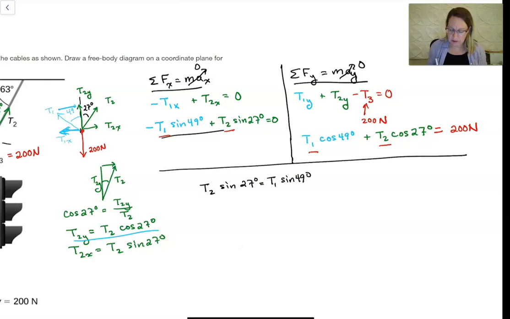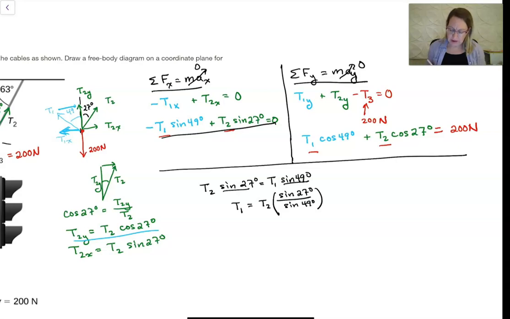So I'm just using this equation, and I'm going to rewrite it. I'm going to solve for T1, which is equal to T2 sine of 27 degrees divided by sine of 49 degrees, right?